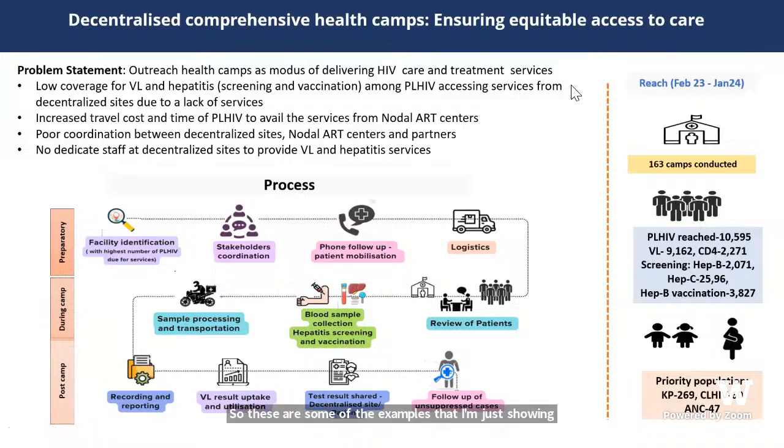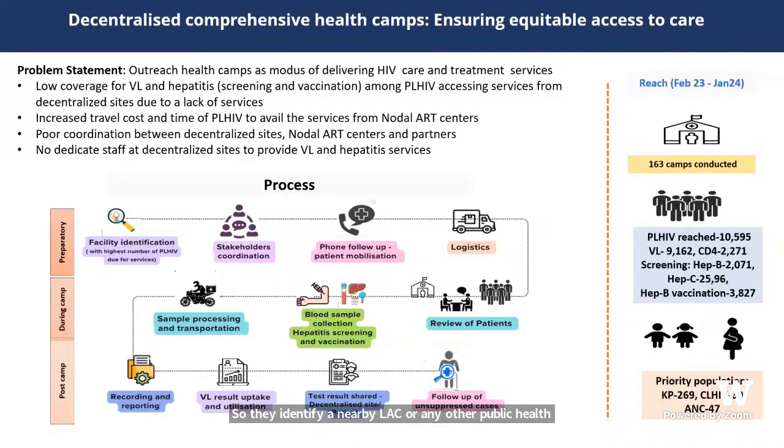Now, this is another very important one. Some of the centers are also doing camps. For example, if there are patients in a LAC who are unable to travel, or patients in a nodal ART center who have difficulty traveling, they identify a nearby LAC or any other public health facility.